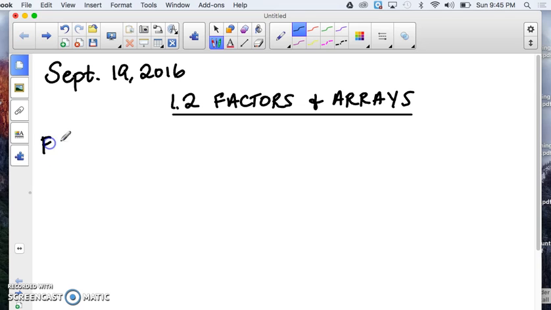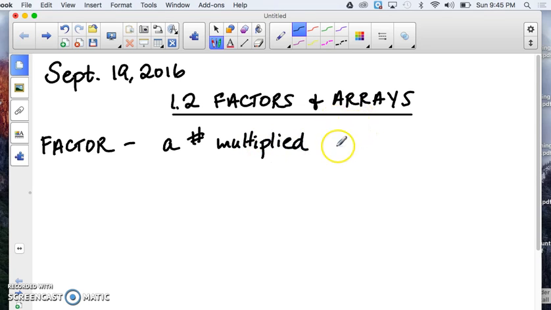So, definition of a factor is a number multiplied by another number to get a product.